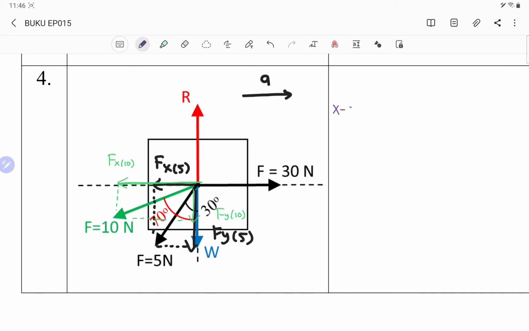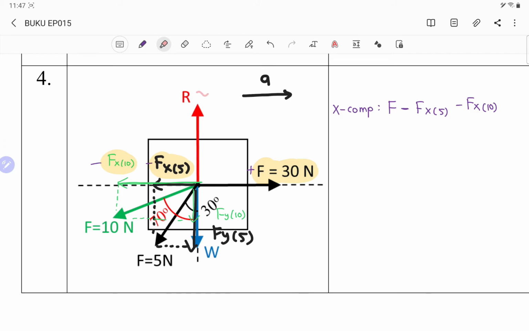So the equation for the X component, okay, along X-axis we have F equals to 30, then we have Fx for the 5 Newton, Fx for the 10 Newton. Okay, then F ini yang ikut arah motion, so dia adalah positif, negative and negative. So our equation for the X component would be F minus Fx for the 5 Newton minus Fx for the 10 Newton.